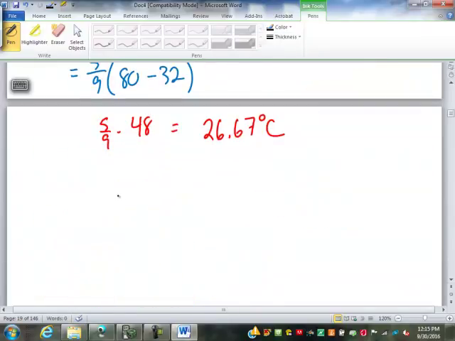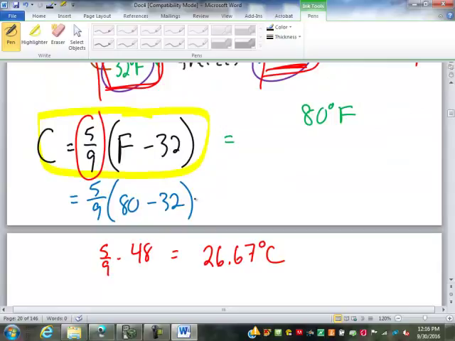Going the other way, if I have the degrees Celsius and I want to convert into degrees Fahrenheit, instead of multiplying by 5/9, I'm going the other way. I multiply by 9/5, and then I add the 32 degrees back on. Notice it's the exact opposite process. We talked about solving equations. You build an equation, and then you take it back apart. You do these opposite steps in the opposite order.